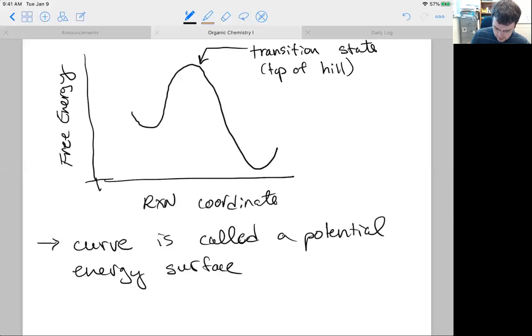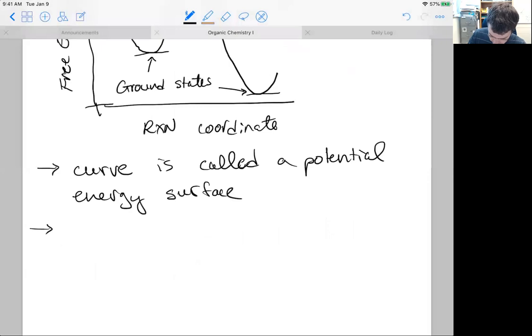And then we have these bottoms of a valley. These are called ground states. Let's look in more detail at these various features of our potential energy surface, which is shown in our energy diagram.